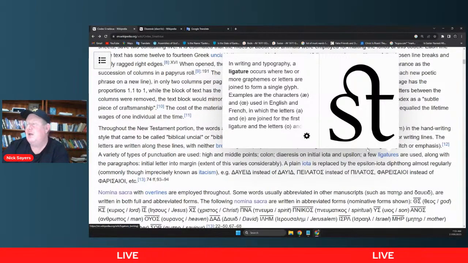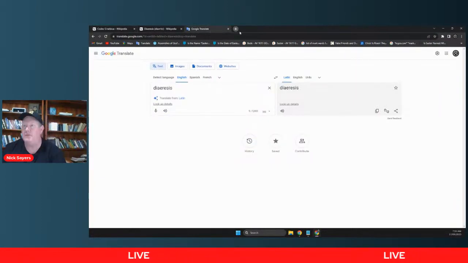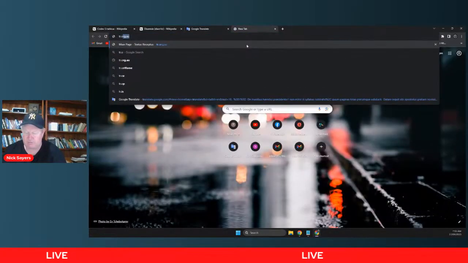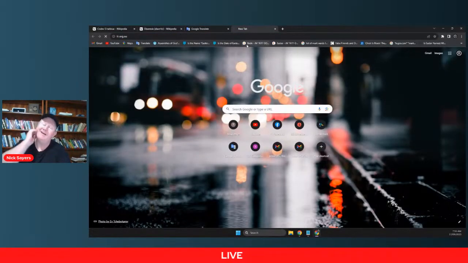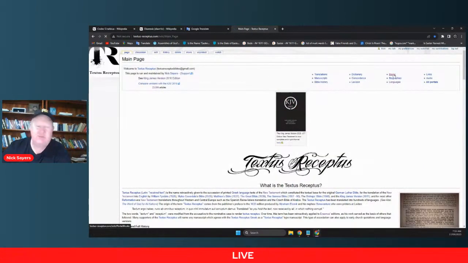But I've actually got a good book on that on my website, tr.org.au. And this is ligatures in printed Greek texts of like the Reformation era.